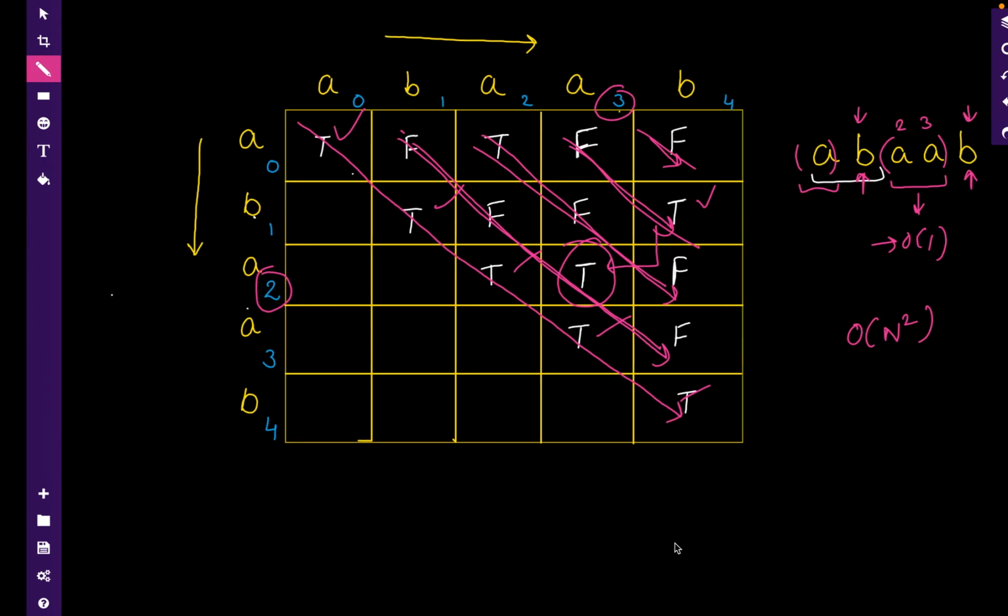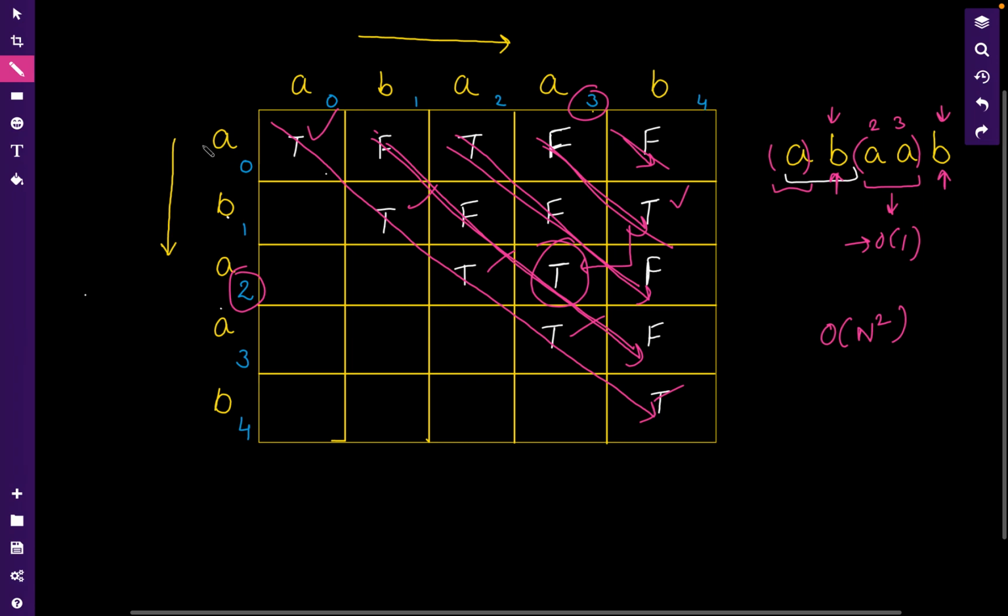One thing that we should keep in mind is that here we were considering i as which row we are on, and j as which column.